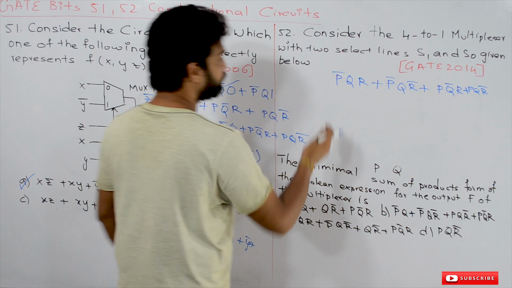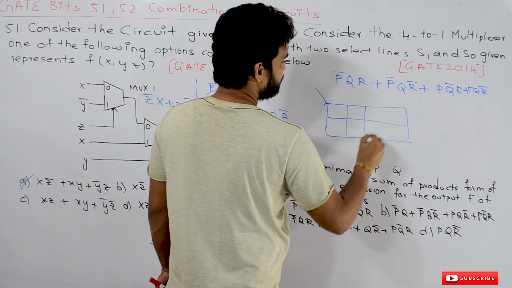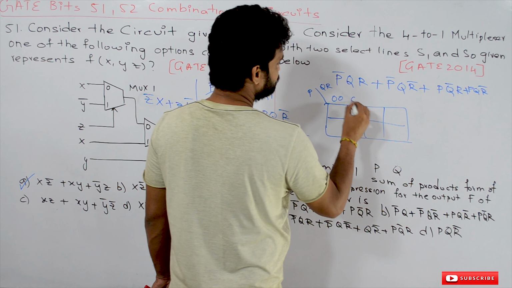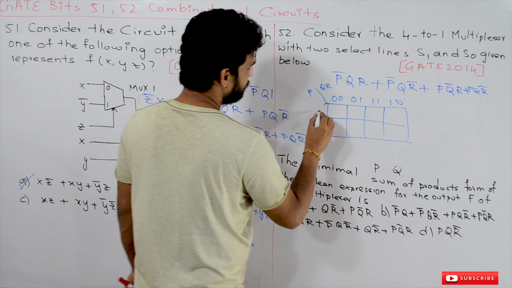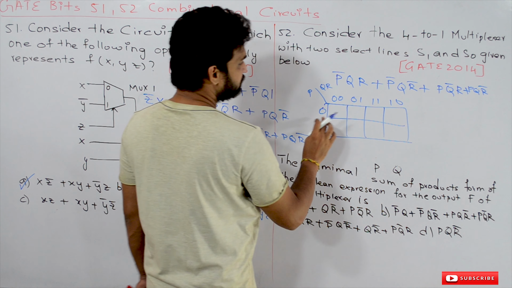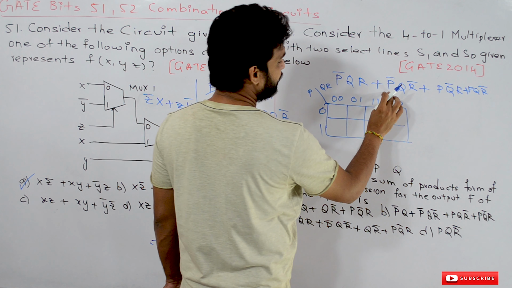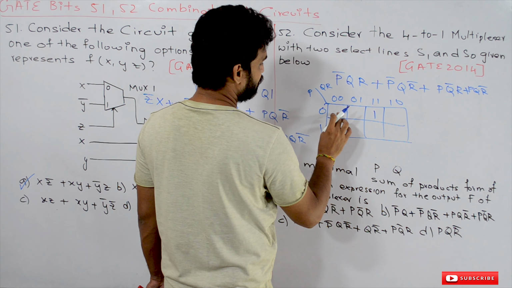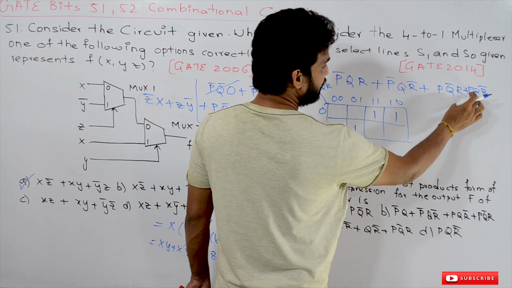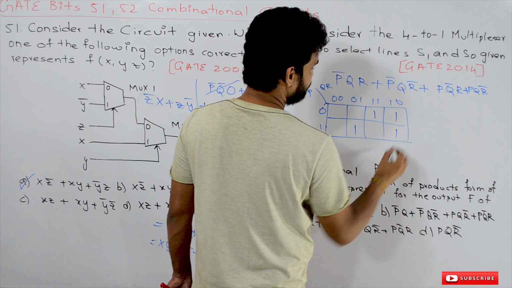So we have to minimize these minterms. How do we minimize a 3-variable function? By using a K-map, with PQ along one axis as 00, 01, 11, 10 and R as 0 and 1, and we fill in the ones for these minterms.